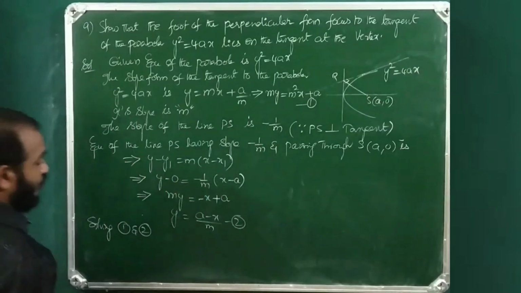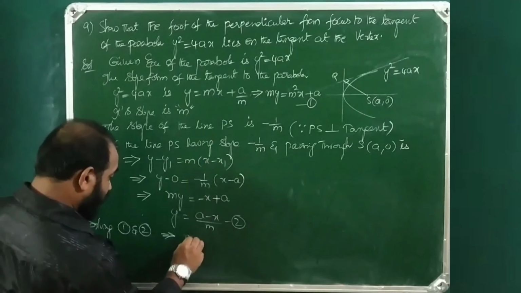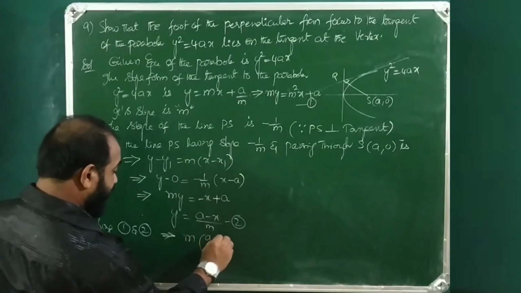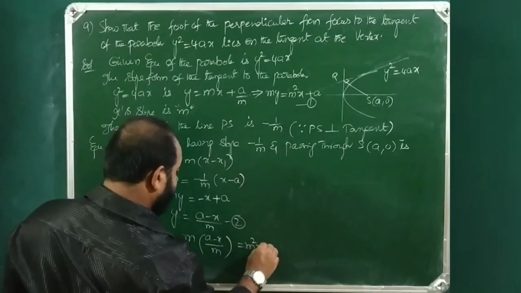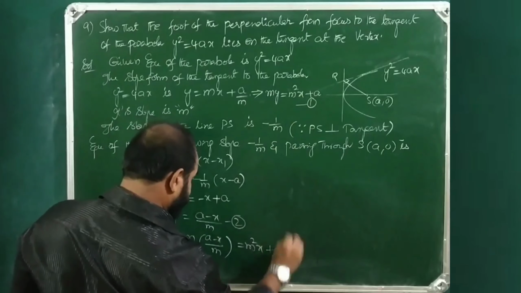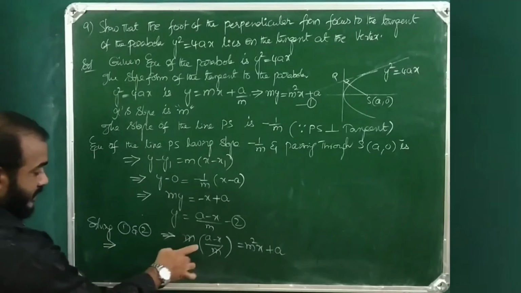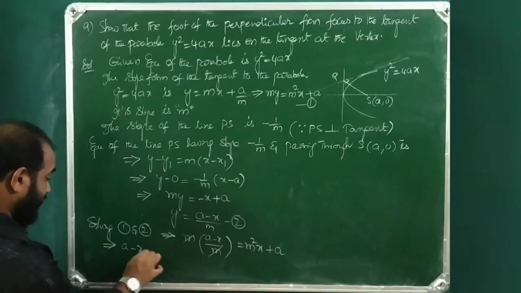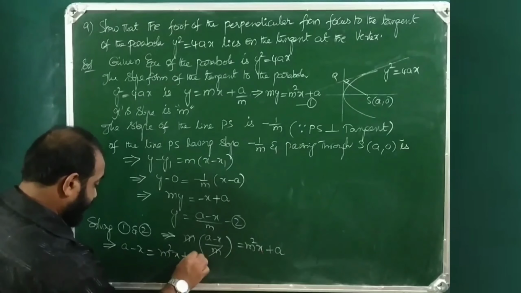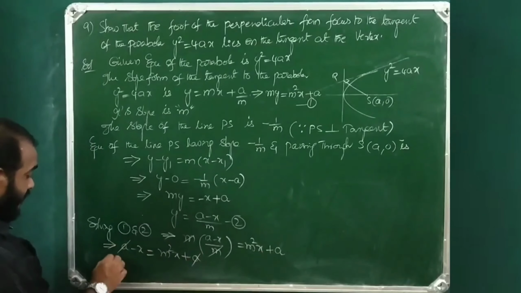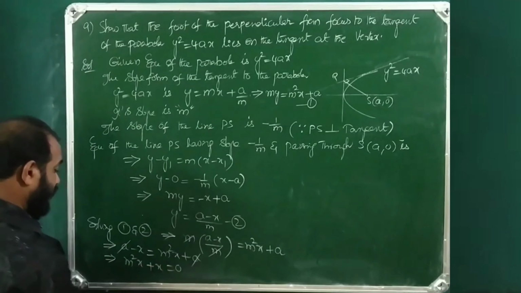So solving 1 and 2, that means m into y, which is a minus x by m, is equals to m square x plus a. This m gets cancelled. That implies a minus x equals to m square x plus a. A gets cancelled. So m square x plus x equals to 0.